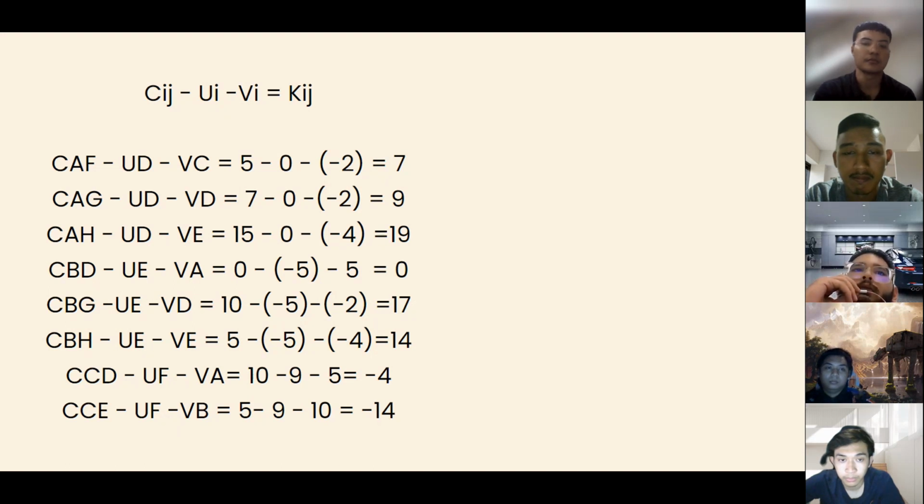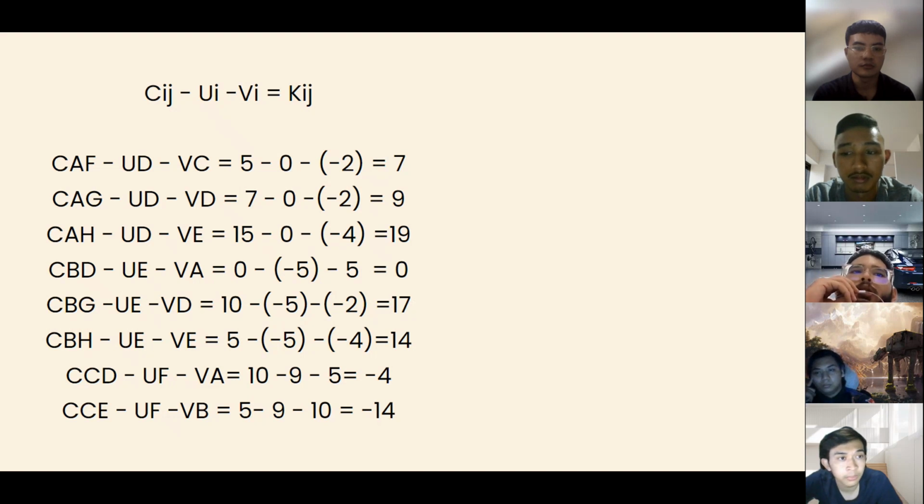CAG minus UD minus VD, 7 minus 0 plus 2 equals 9. CAH minus UD minus VE, so 15 minus 0 minus negative 4 equals 19. CBD minus UE minus VA, substitute in 0 minus negative 5.